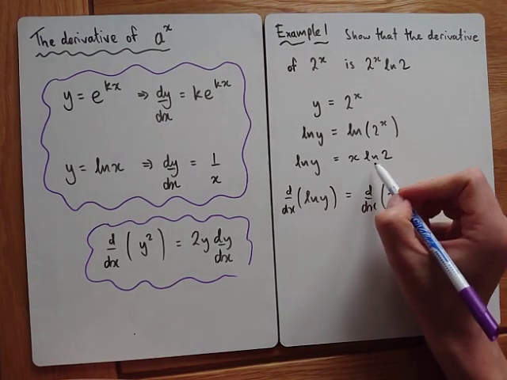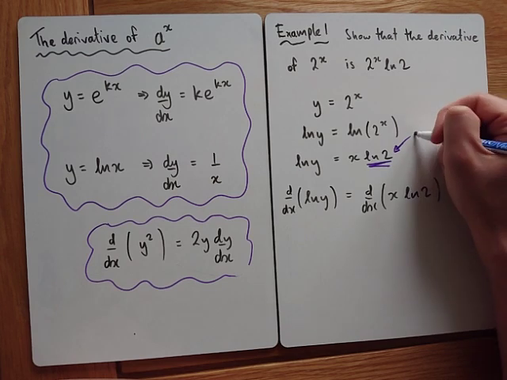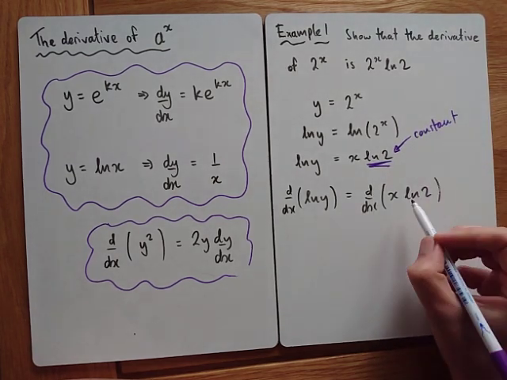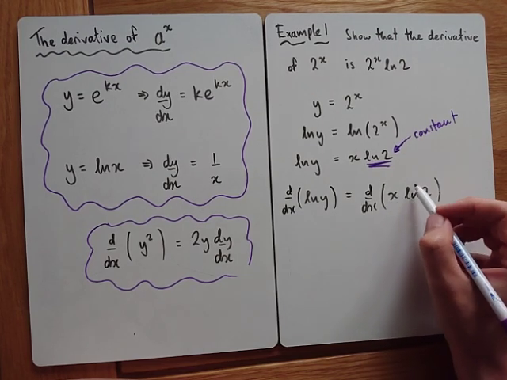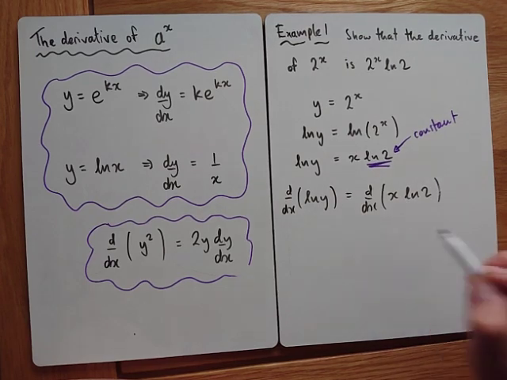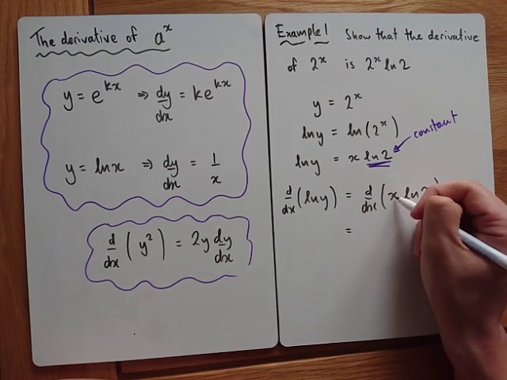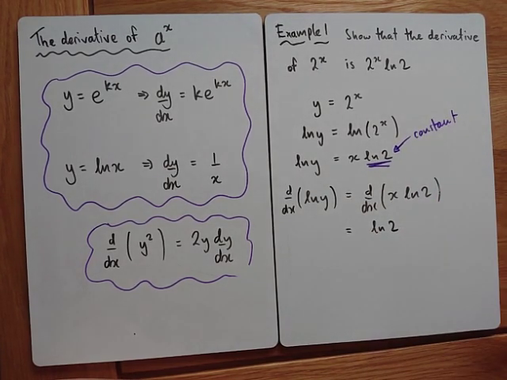Let's look at the right hand side first. ln 2 is just a constant. That is just a number. So I know it looks a bit weird because you've got the x at the front, but that is just a number times by x. And you all know how to differentiate that. If you differentiate a number times by x, you're left with just a number.